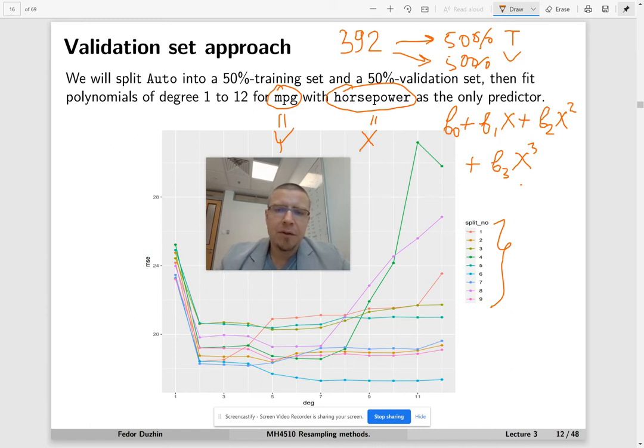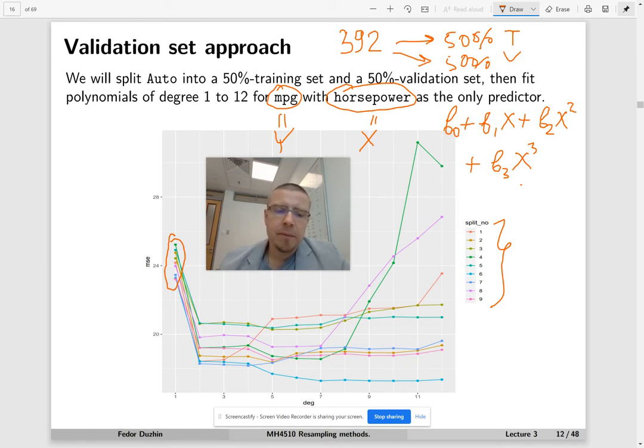So for 9 different splits into training and validation sets, I plotted this curve: how test error depends on the degree of the polynomial. And we noticed some common things. When the polynomial is linear, the error does not vary too much, right?